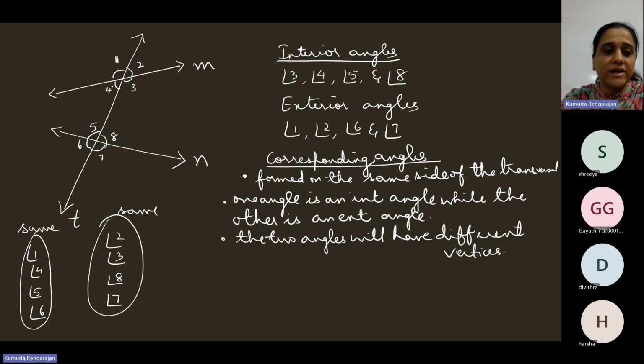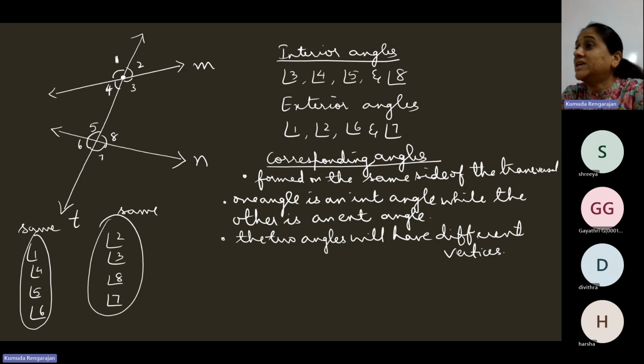If you take angle 1 and angle 4, angle 1 is an exterior angle, angle 4 is an interior angle, same side of the transversal, but they have the same vertex. So angle 1 and angle 4 are not corresponding angles.